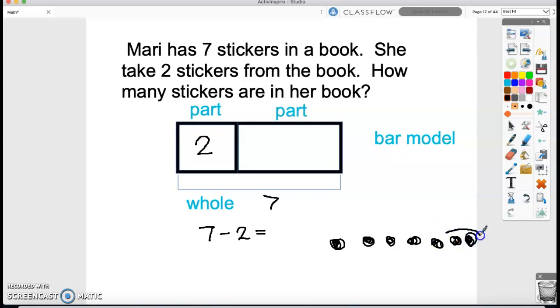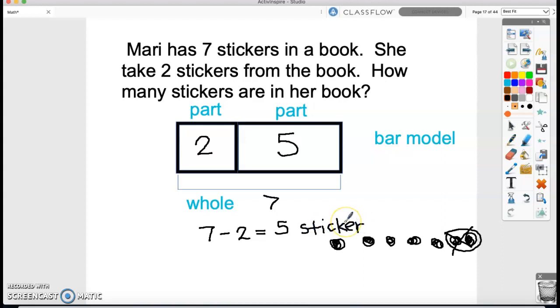She took 2 away. So I'm going to circle the 2, and then I can tell how many I'm left over with. And I'm left over with 1, 2, 3, 4, 5. So the other part of that is 5. So I know that 7 minus 2 equals 5. So she has 5 stickers left in her book.